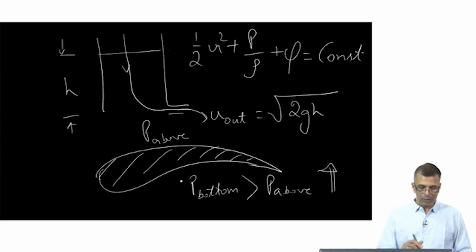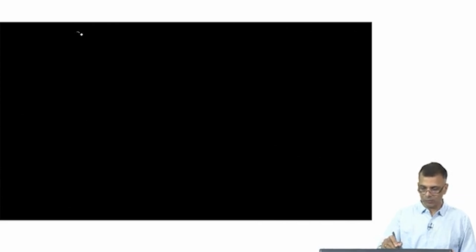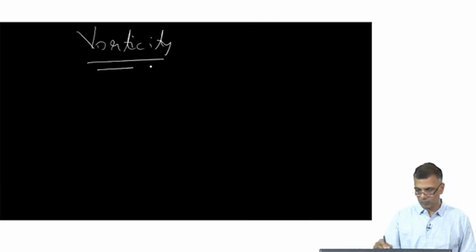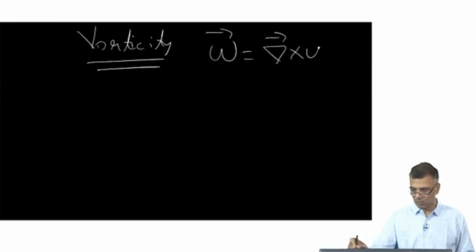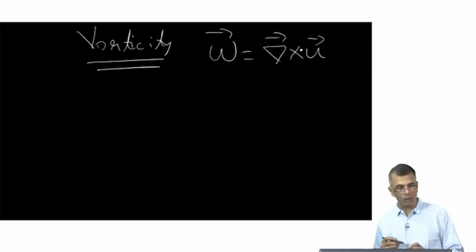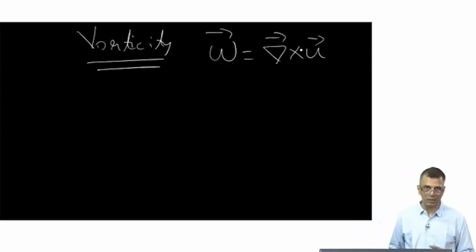And finally, we came to the concept of vorticity, which we know is a curl of u. It measures the rotationality.